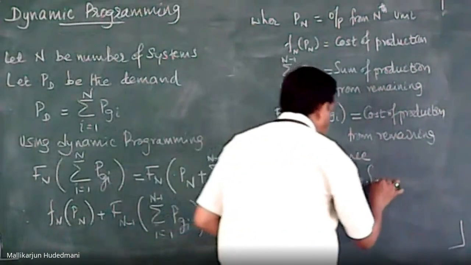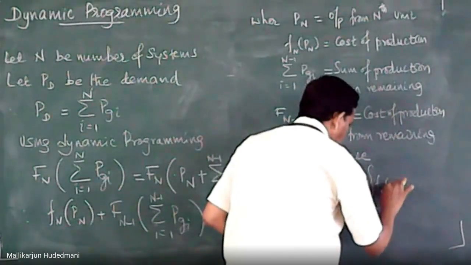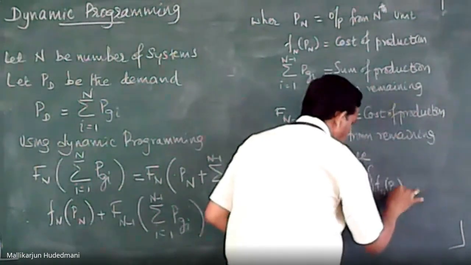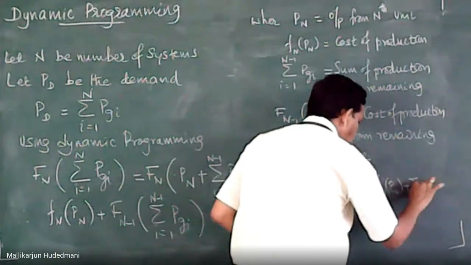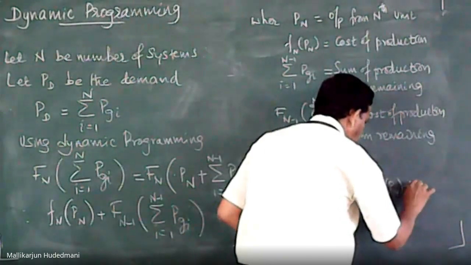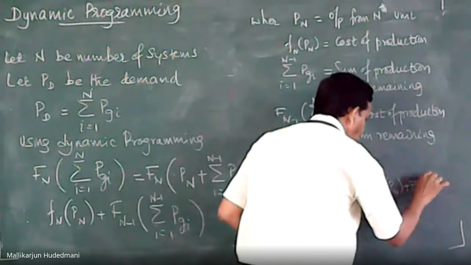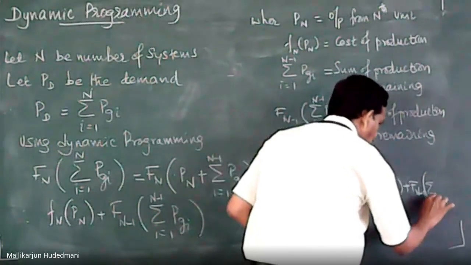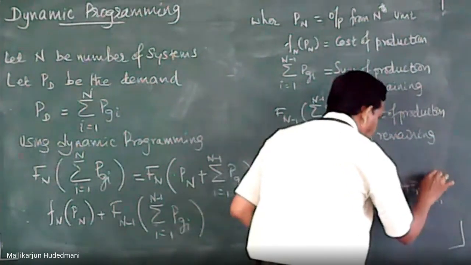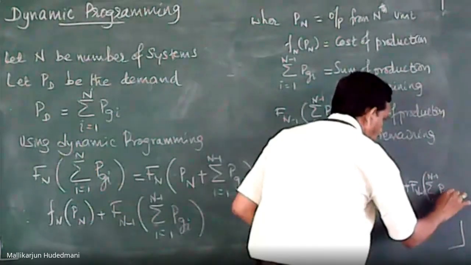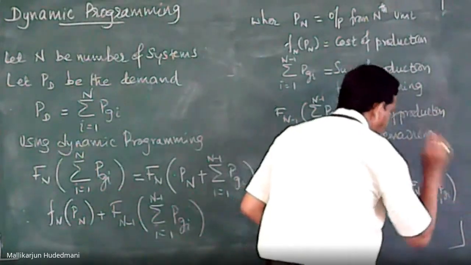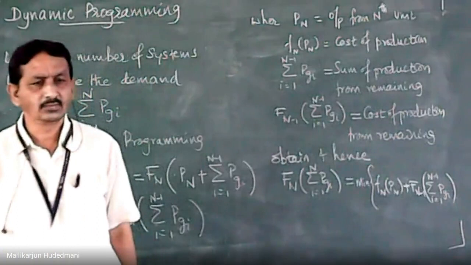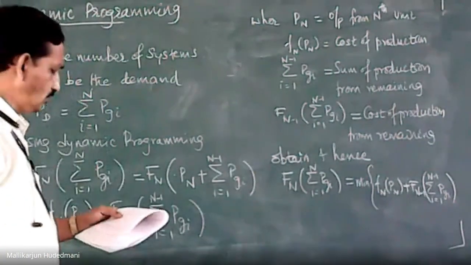Fn for machine n, Fn Pn plus summation, sorry, Fn minus 1 summation i equal to n minus 1 PGi. What I wrote here? This is the conclusion.